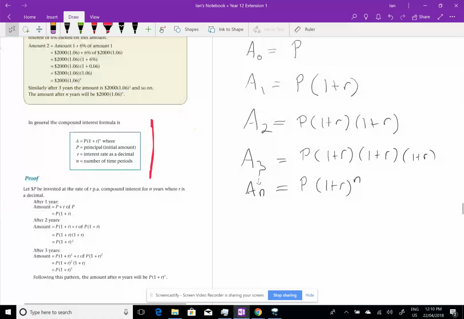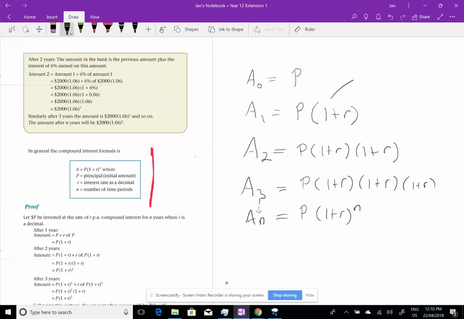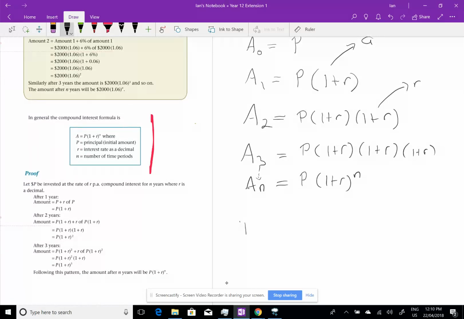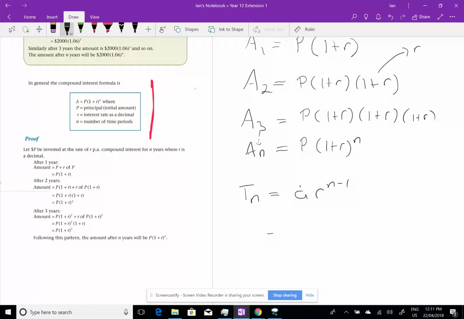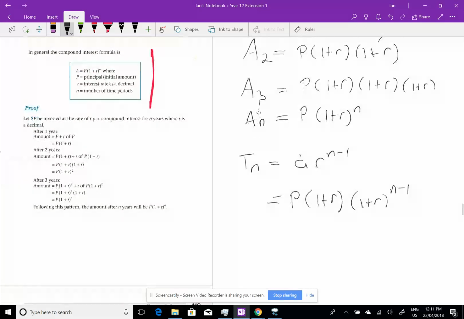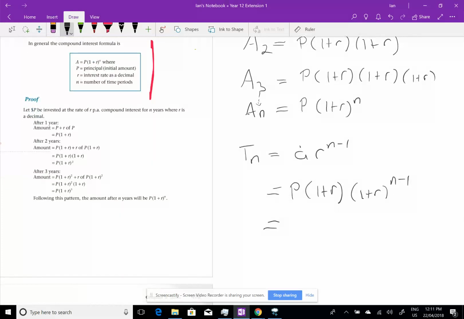Now, if you referred that to a series, because we're talking about the end of the year, that would be your A term, and that would be your R. And if we equate it in a series, T of n equals A R to the n minus 1, which in this case our A is P 1 plus R, and 1 plus R, because that's our R to the n minus 1, which just pops out, add the powers, P 1 plus R to the n.